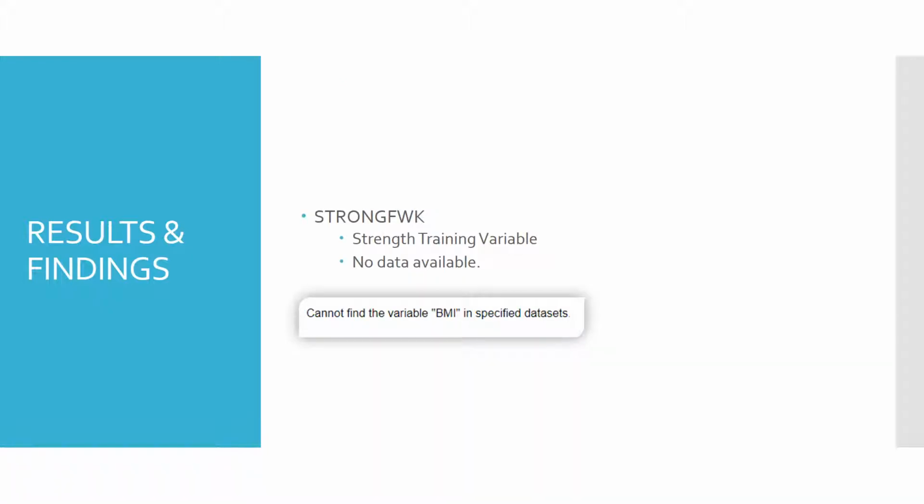For STRONG FWK, the strength training variable, there was no data available, as indicated in the screenshot below.